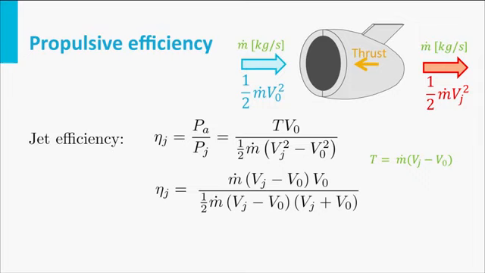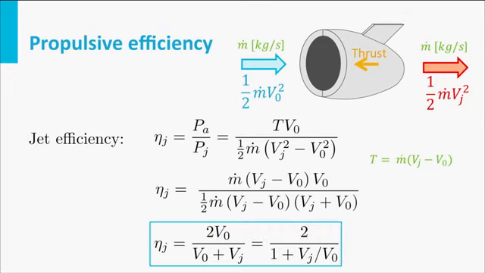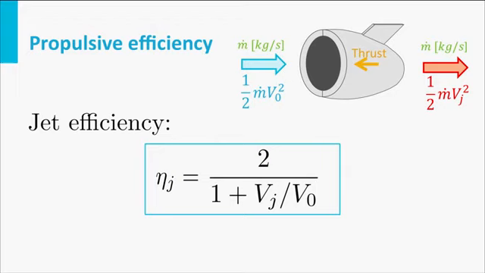So if we simplify this a bit further, it is basically the same as 2 times V0 divided by the sum of the speeds. And if we then divide both parts of the fraction by V0, we get the equation 2 divided by 1 plus the ratio of the jet speed divided by the intake speed. If we look at this equation a bit further, we see that we can calculate the jet efficiency only by knowing the two speeds, the jet speed and the intake speed.